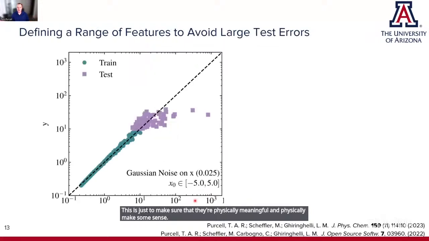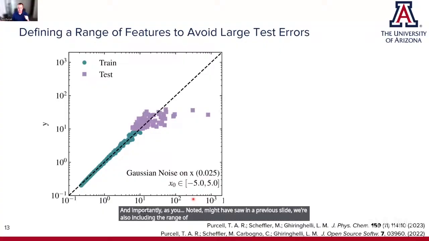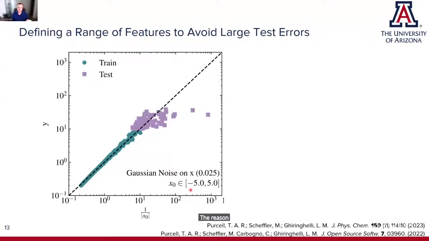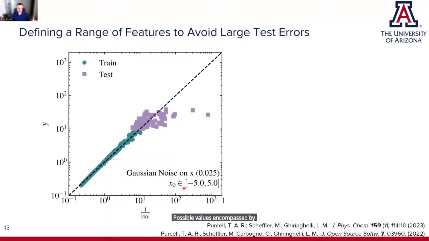And importantly, as you might have seen in a previous slide, we're also including the range of our various features. The reason why we're doing this is because there are cases where our training data might not necessarily contain any problematic values, but in the range of possible values encompassed by that descriptor or that primary feature, problems can arise.